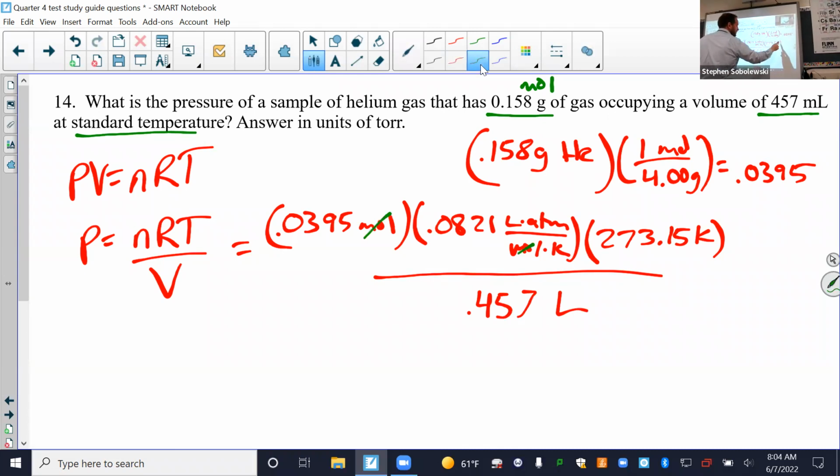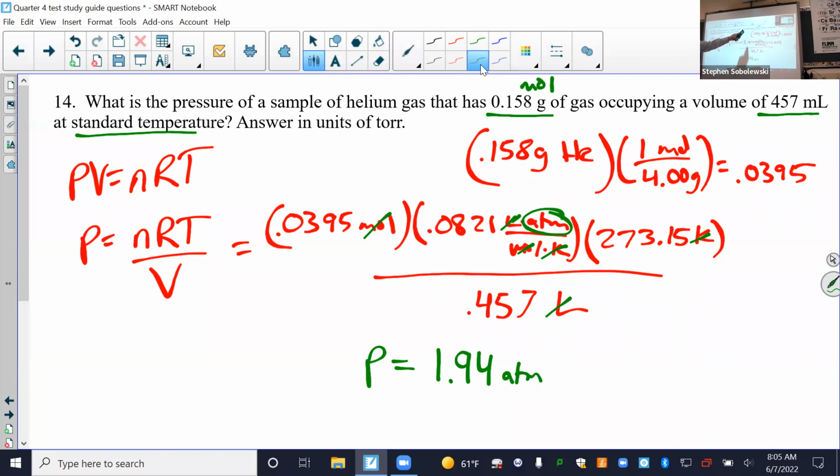Mole cancels mole, Kelvin cancels Kelvin, liter cancels liter, and we solve. 0.0395 times 0.0821 times 273.15 divided by 0.457 gives me a pressure of 1.94 ATM. And it has to be ATM because that's the unit we got.